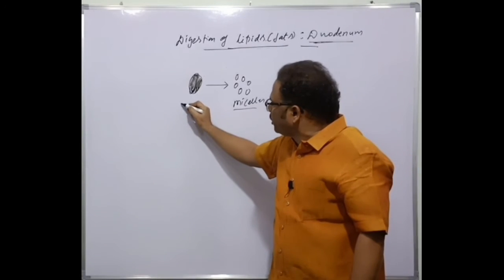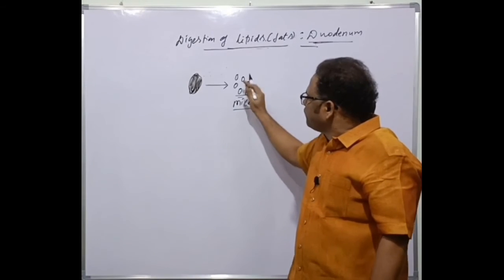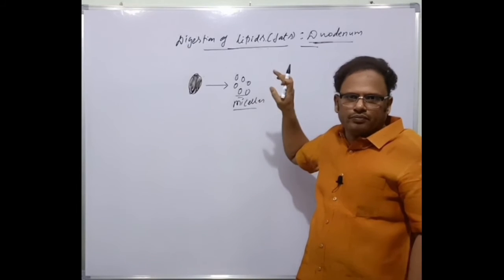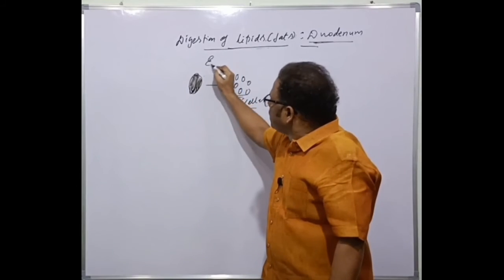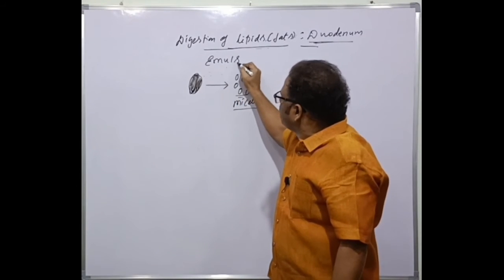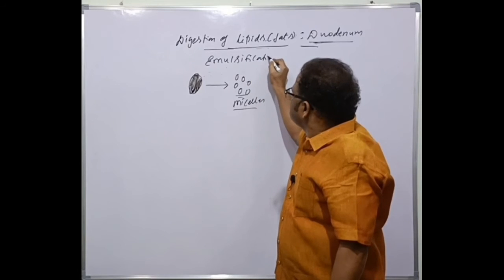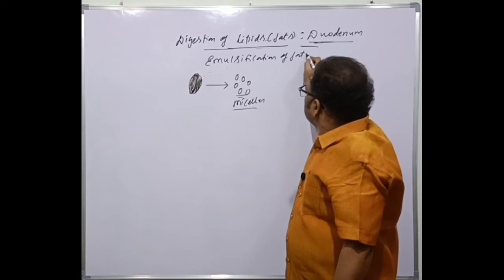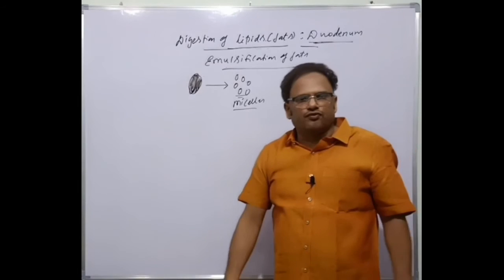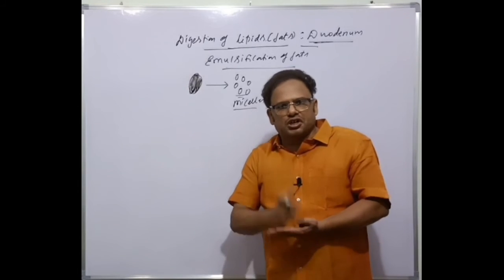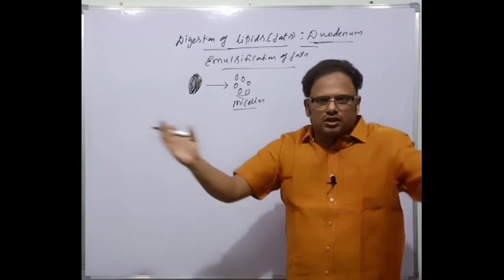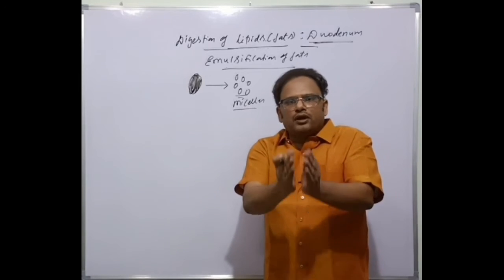The large fat molecule must be broken down into simpler fat molecules. This is called emulsification of fats. So what is emulsification of fats? It is the conversion of larger fat molecules into smaller lipid or fat molecules.